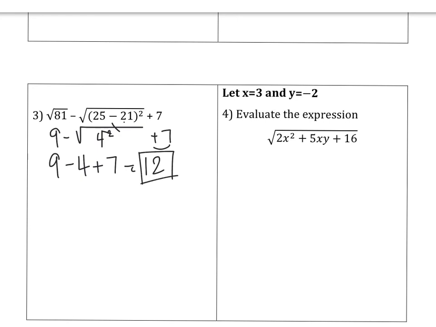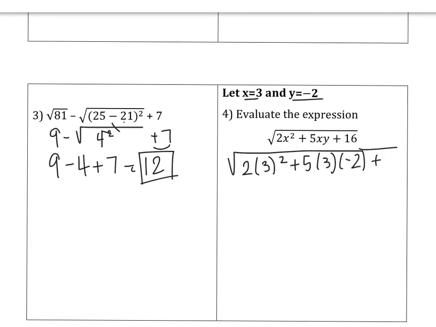Number 4, evaluate the expression. So let's go ahead and change out our x and y's for the numbers that they represent. Let x equal 3, y equals negative 2. So 2 times 3 squared plus 5 times 3 times negative 2 plus 16.